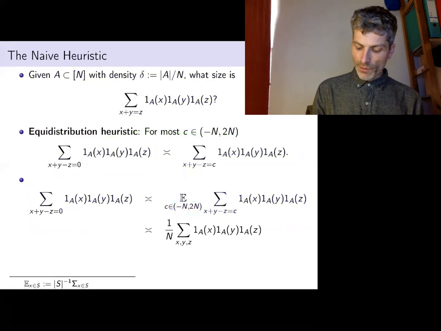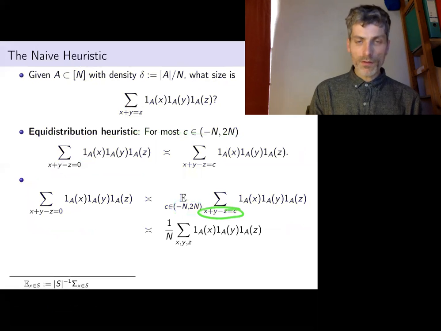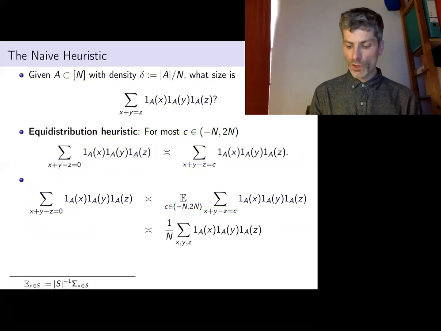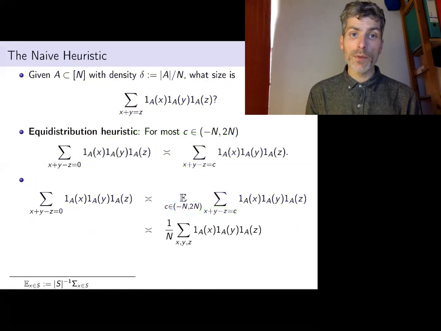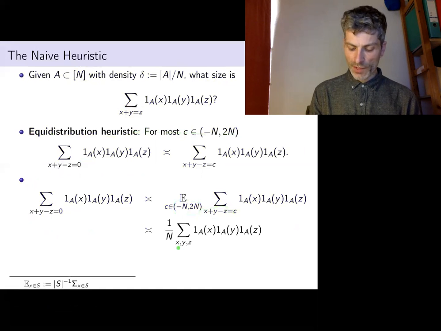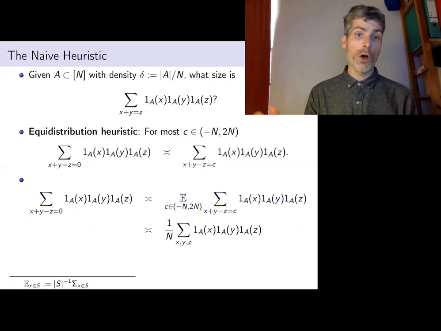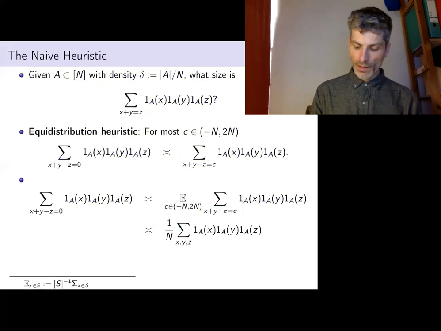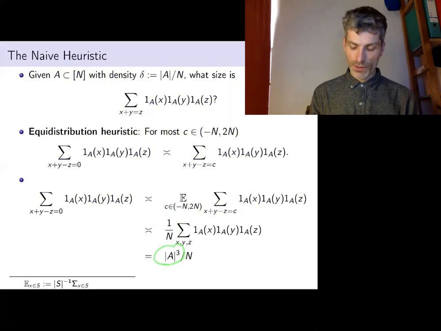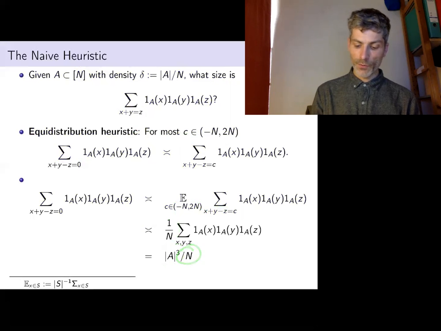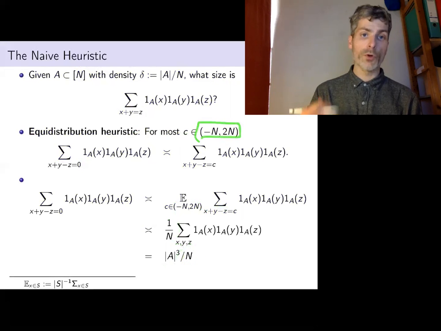So if you believe this heuristic, you should definitely believe this heuristic. But by averaging, we've removed the constraints in this equation. We're summing over all possible values of the linear form. And what that's really doing is just summing over all elements of the set. So these variables x, y, and z are now free to roam over the set A. We've introduced a normalization factor, which is of order 1 over N. So we get the cardinality of our set cubed divided by the length of the range, up to orders of magnitude.